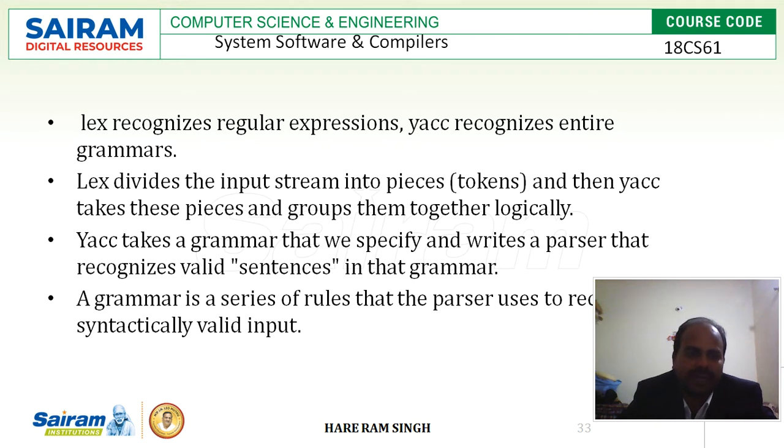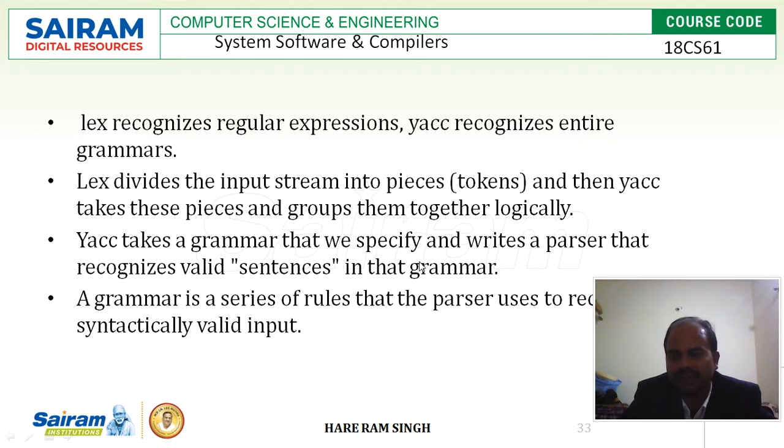parse tree. Yacc takes a grammar that we specify and writes a parser that recognizes valid sentences in that grammar. So Yacc will take that grammar and it will recognize the valid sentences in the grammar.